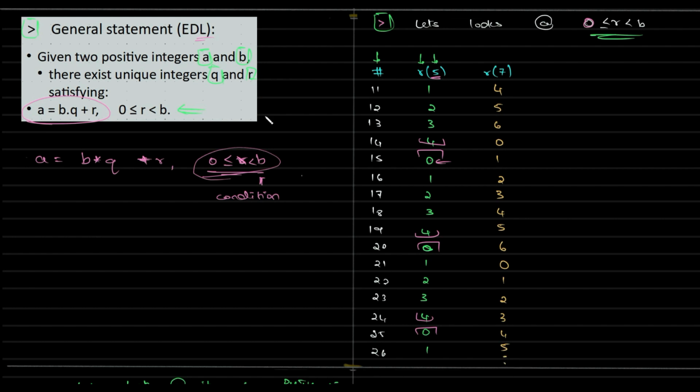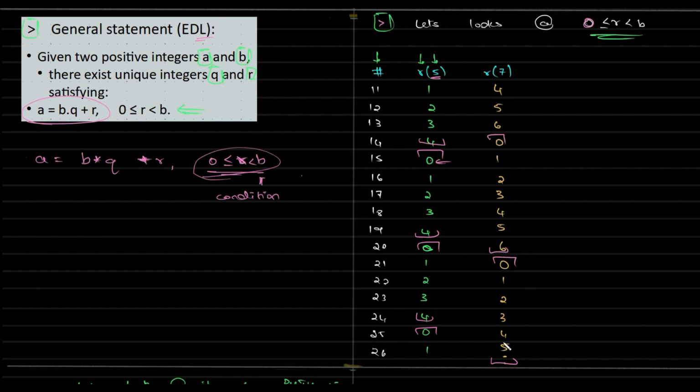So here the pattern is what? It's 0 to 6, and it certainly starts with 0 and certainly ends with 6. So here the remainder when we divide with 7 is between 0 to 6, including 0 but excluding 7. Right? The remainder starts with 0, ends with 6.